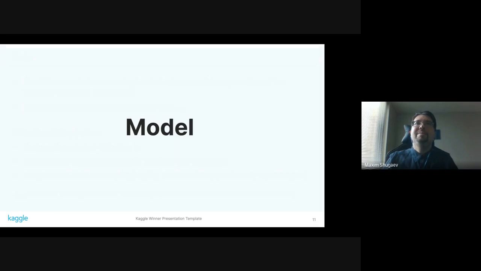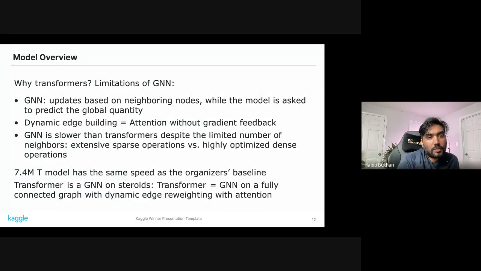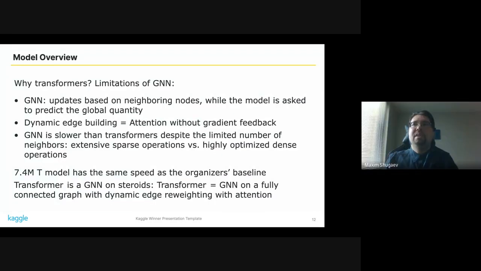Next slide. And next I will talk about the model. First, the question is, why did we choose transformers? Graph neural networks have limitations in particular areas. First, they mainly function at the local level, performing updates based on neighboring nodes.